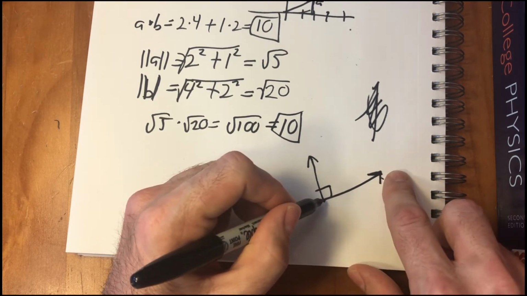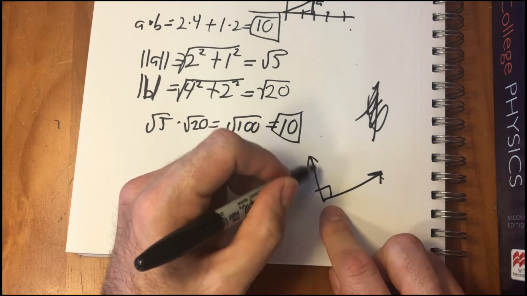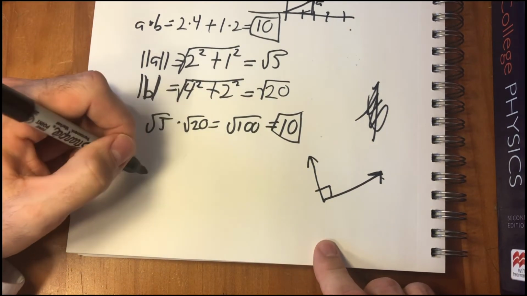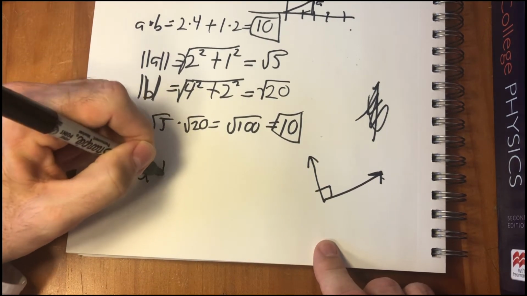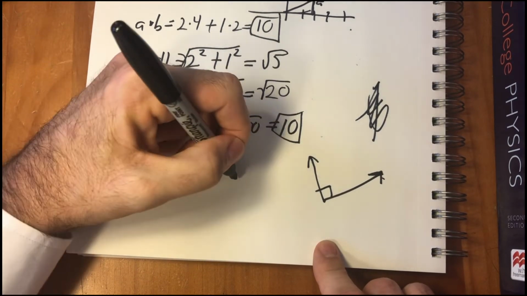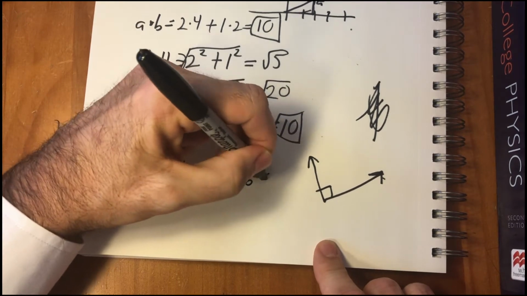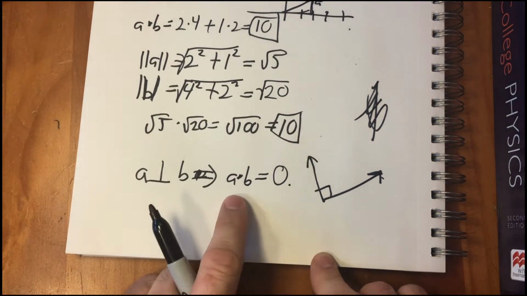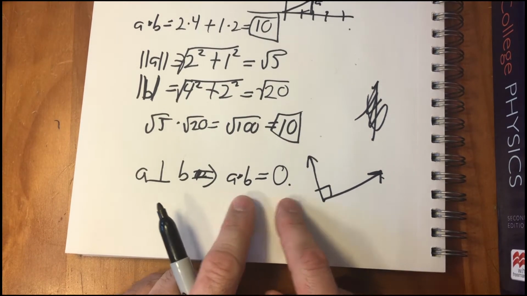The scale along this direction is 0, and the scale along this direction is 0. So if A is perpendicular to B, then A dot B is 0, right? The dot product is 0 whenever they're orthogonal.